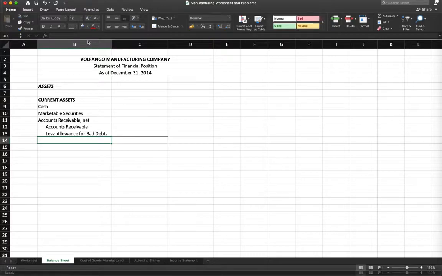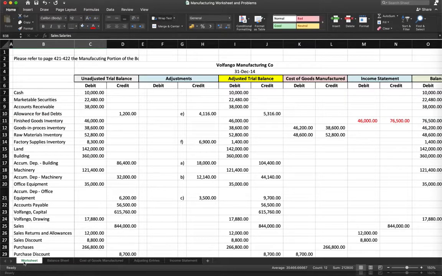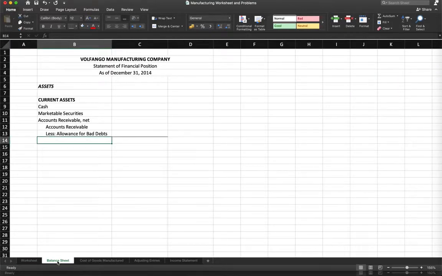We have finished goods inventory, raw materials inventory, and goods in process inventory. Lahat yan, tatlo na yan, inventory yan.